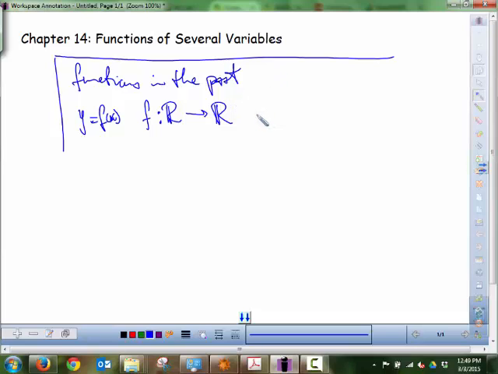Sometimes we say x is your input, and then your output is f of x or y. So these are the functions that we know of from pre-calculus before we came to this class.